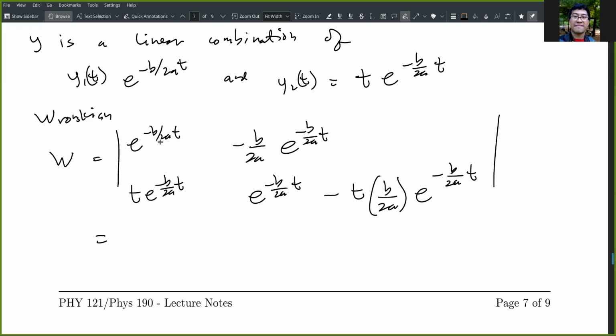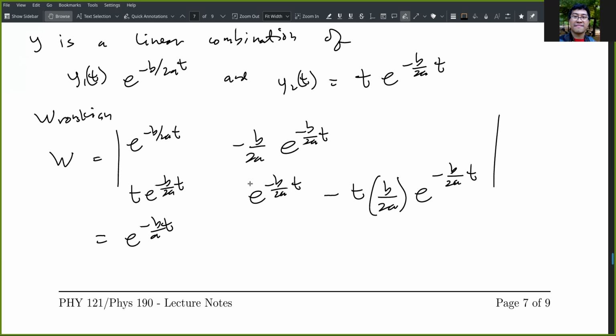Okay, if you multiply this, all of them will have e to the minus b over 2at. So we remove 2 because if you multiply this, for example, times this, you have b over 2a, negative b over 2at.